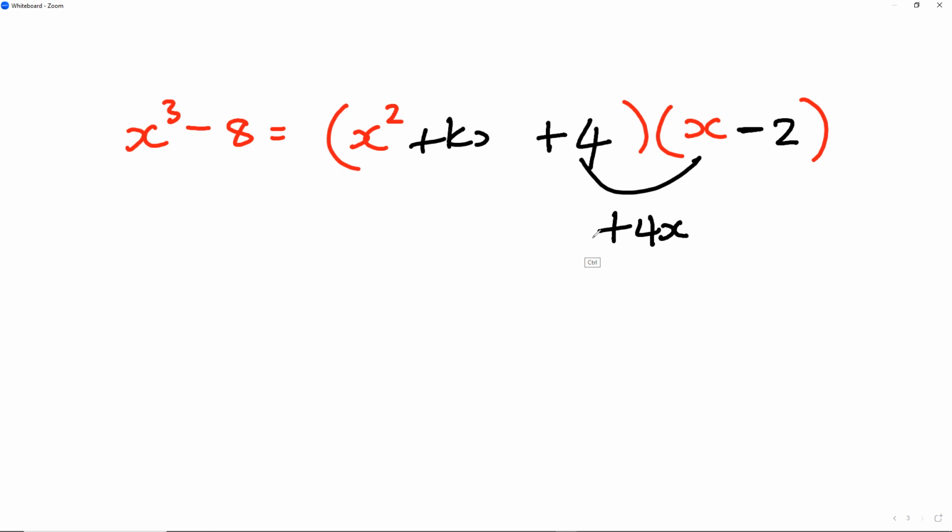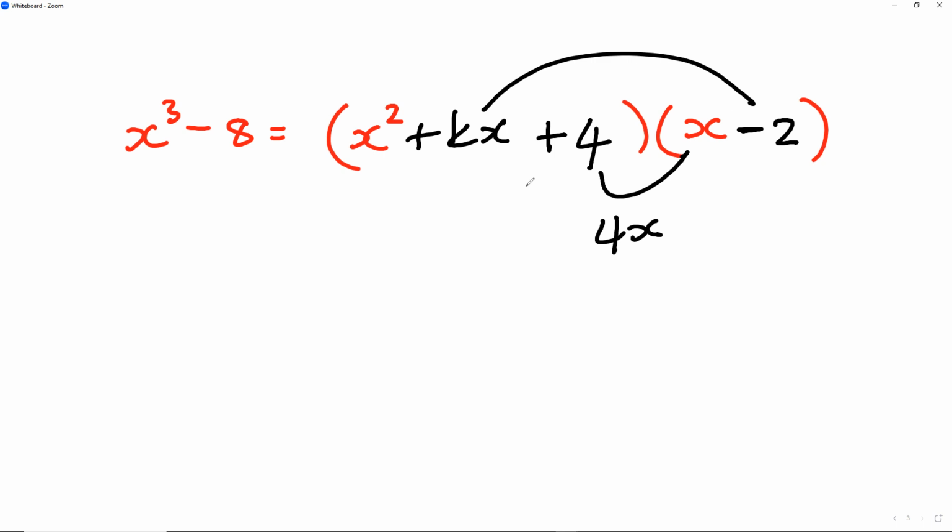Let's go through that again. So what did I have? I had this missing piece here, right? I'm going to call it kx. I'm going to combine this x term, I'm going to combine that negative 2kx term over there. And then from this, I'm going to make that equal to 0 and see what will happen if I do that.